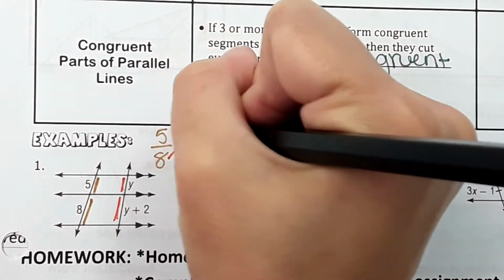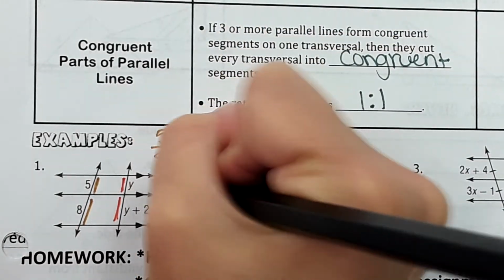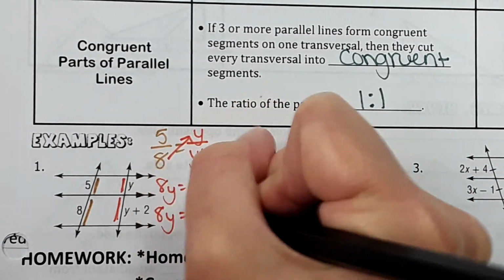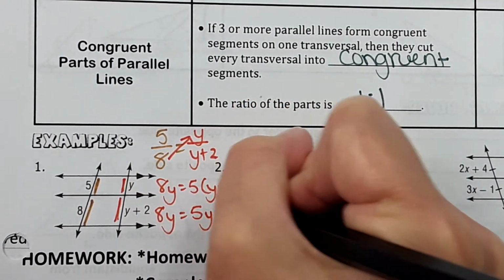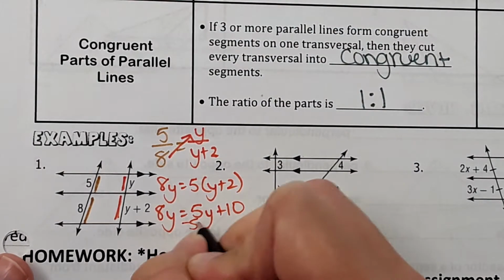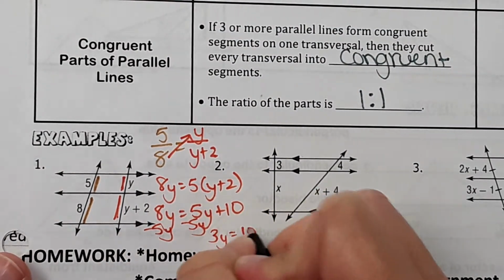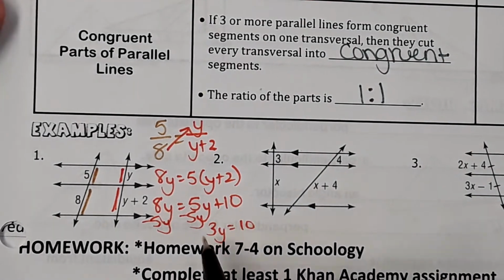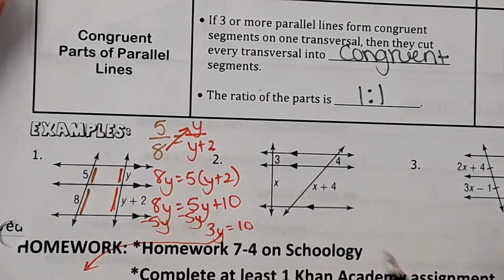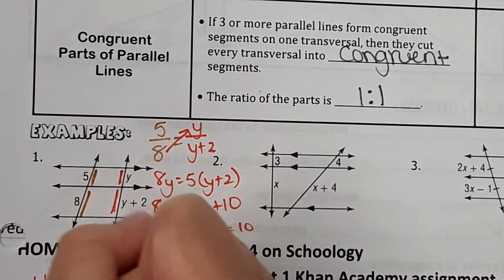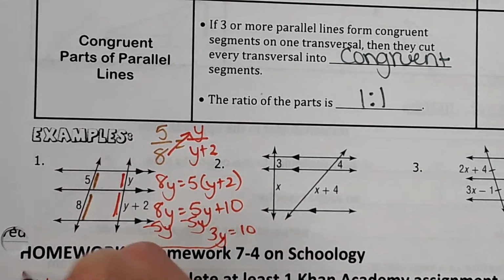And then use cross multiplication. And it does come out to a decimal. I get 3y equals 10, which 10 divided by 3 is 3.3 repeating, so y must equal 3.3 repeating, or 3 1/3.